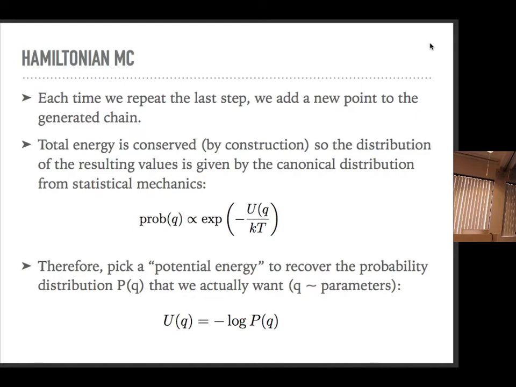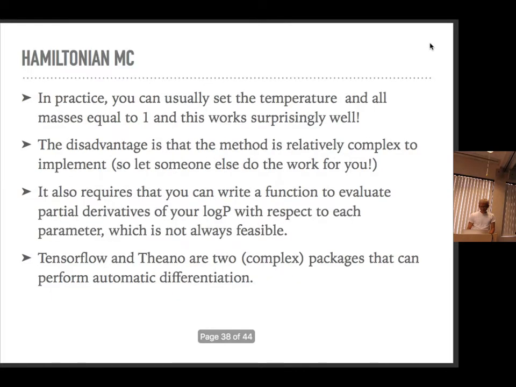We know our probability, and we can say, let's pretend that's a potential energy, and now I can simulate this physical system that, if I just give it random starting points, will generate positions in parameter space that have the right distribution. It doesn't matter that there is no physical system that actually has that potential energy. It's a mathematical analogy, and it's using the physics kind of for inspiration here.